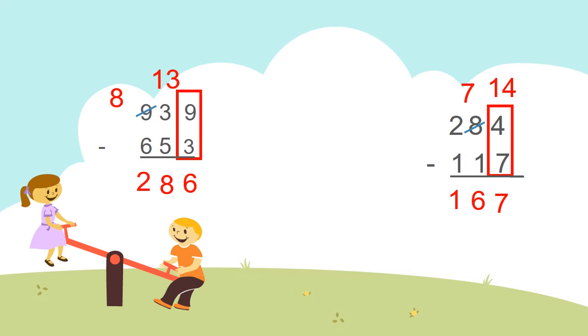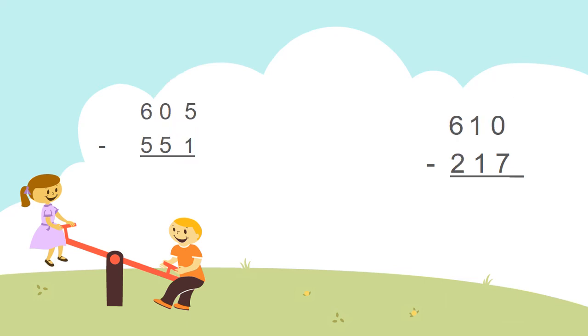Okay, let's see another example. 605 minus 551. Start with the ones. 5, take away 1, it's 4. Yes, get out 5 on your fingers and take away 1, you will get 4. Let's go to the tens. 0 minus 5, I can't.